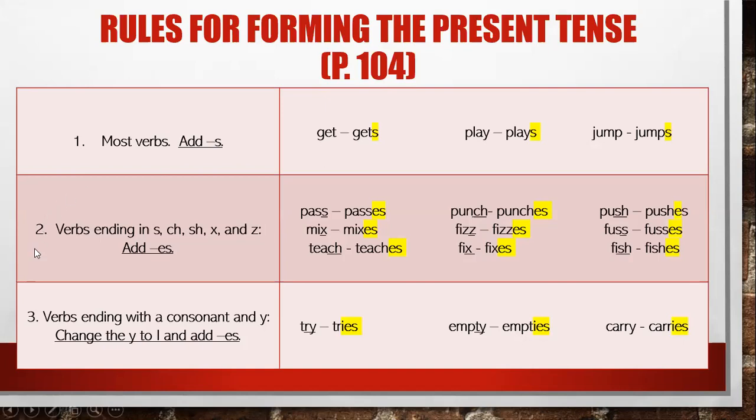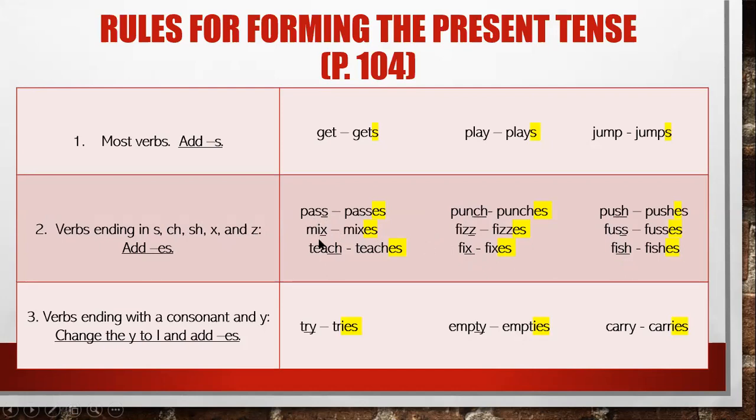Let's go to rule number 2. Verbs ending in S, CH, SH, X, and Z, we add ES. And if you look at the ending of each and every single one of the verbs in this section, you're going to notice that they end either with S, X, CH, Z, X, SH, S, and SH, okay?